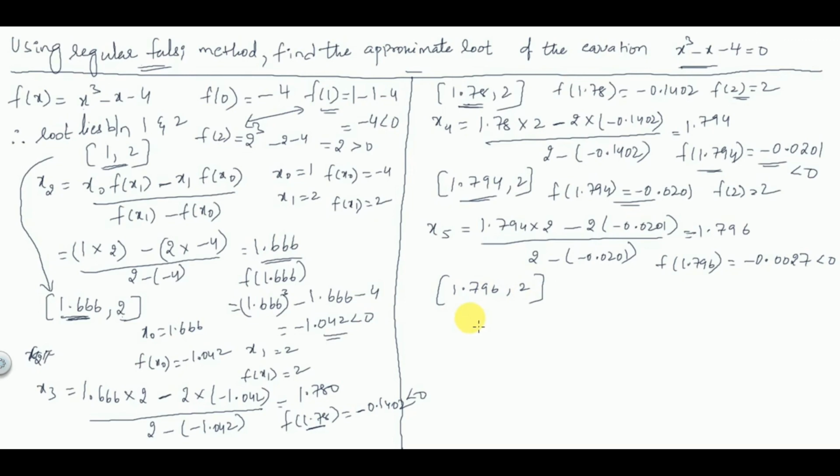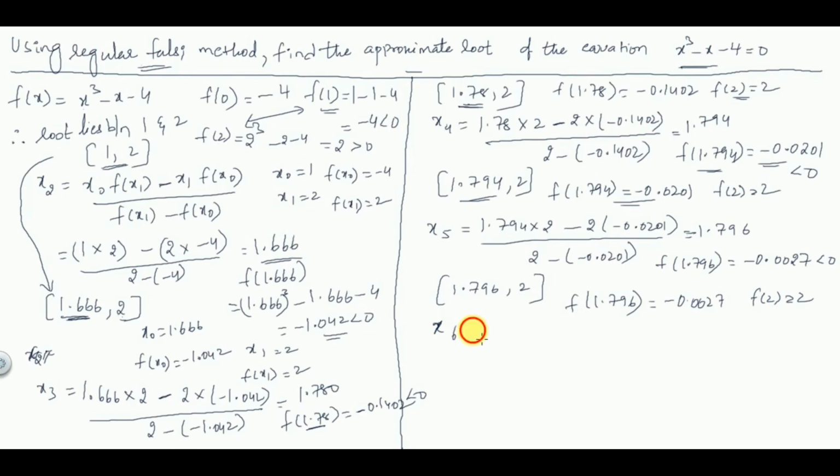So between 1.796 and 2, f of 1.796 is minus 0.0027, and f of 2 is still 2.